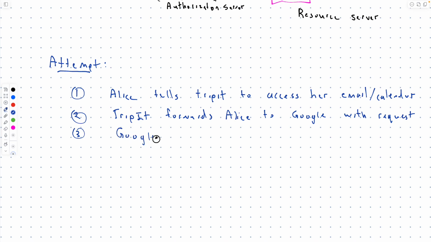Google will show a consent screen. So it'll say, do you authorize this app to access your email? And there'll be a bunch of things like that. So it will ask Alice for permission.